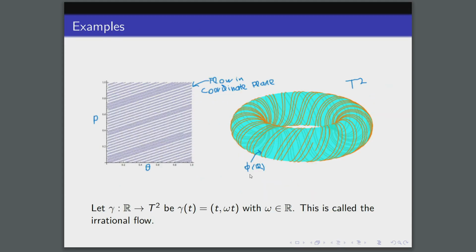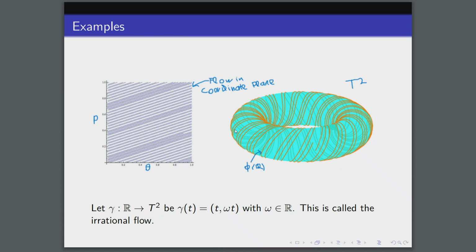To give you an example, I'll be looking at the irrational flow on the torus. This is basically a curve on the manifold T2, which is the torus, and on the coordinate level it is a curve with the slope omega, where omega is a real number.